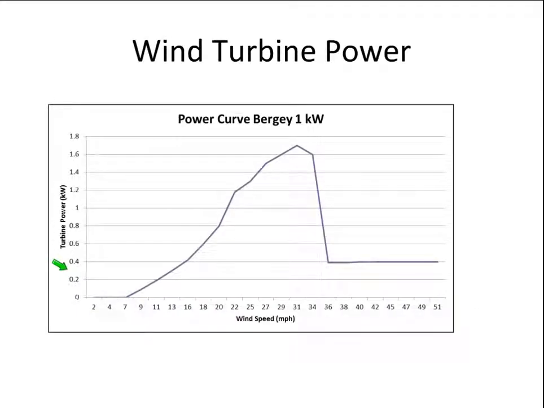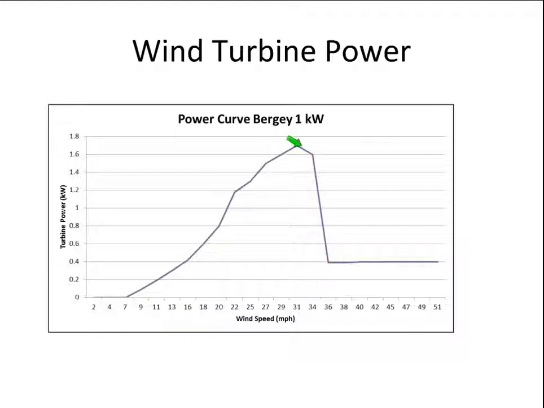Let's talk about that Bergey XL1 again. Every wind turbine that you're going to be able to purchase hopefully has some type of power curve, and hopefully that power curve was not just drawn, it was actually done in testing. So here's a power curve that says this is how much power this will create at different wind speeds. And you can see here that at about 32 miles an hour our power dumps. That happens because of the overspeed protection of that turbine.